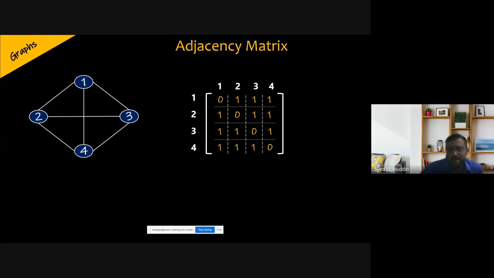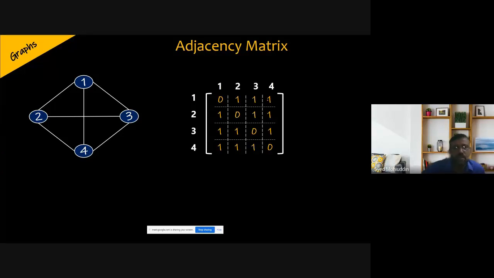All the diagonal elements of this matrix are zeros because diagonal elements represent self loops, and we have already said that we will not be considering self loops or self edges. So if there is an edge between 1 to 4, then in row 1 and 4th column we have 1.